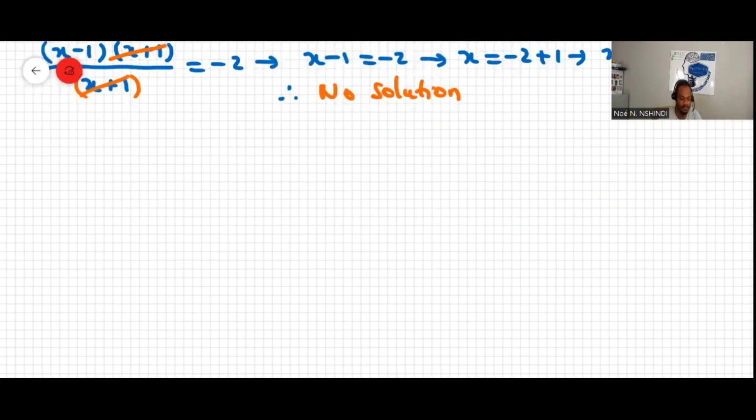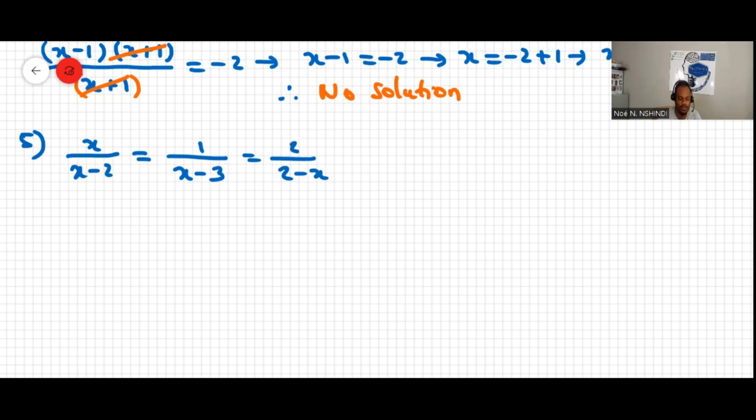Question 5 is given by x minus 2 under x equal to x minus 3 under 1, and this is equal to 2 minus x under 2.